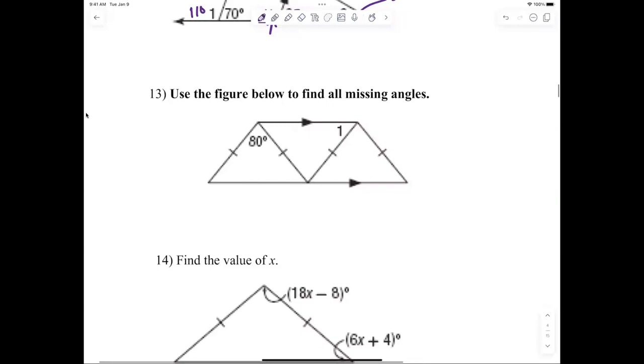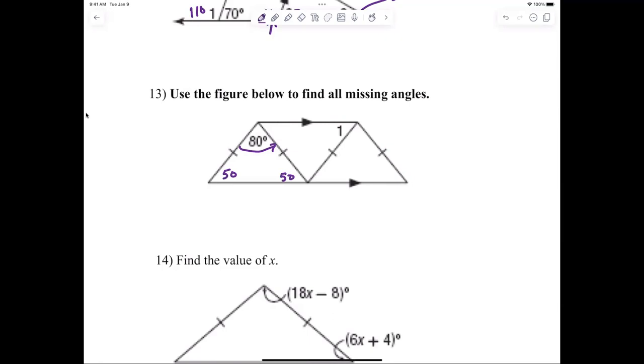Number 13 is kind of interesting. All right. If this is 80 right here, then the base angles are how much? 50 and 50. Do we agree? This is 50 and this is 50. Do we agree with that? Right. Now, again, this is where you have to use the parallels.